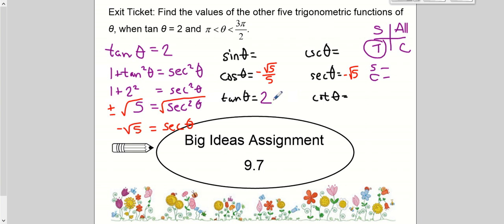If we use that sine squared plus cosine squared equals 1, we would get, if we make this our x or our y, let's make it n. I'm picking a new variable, n squared plus negative rad 5 over 5 squared equals 1. We would get 5 over 25.